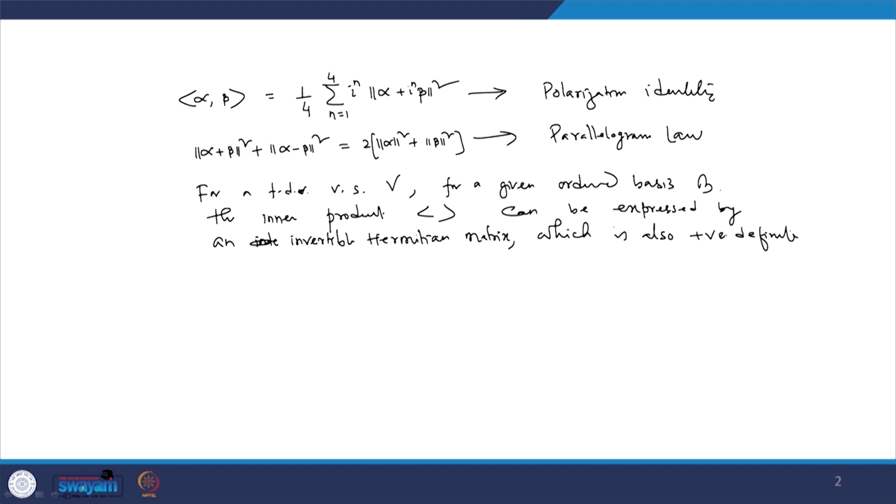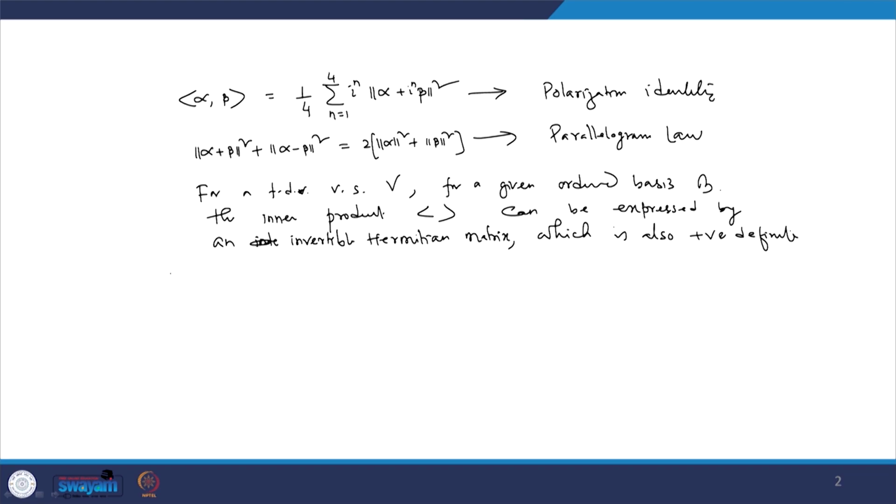Now, we shall utilize this concept of inner product and see the combined impact of vector space and inner product. For that, I will first introduce the concept of inner product space.